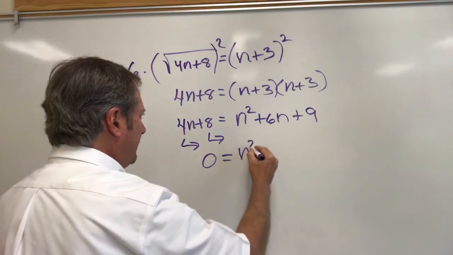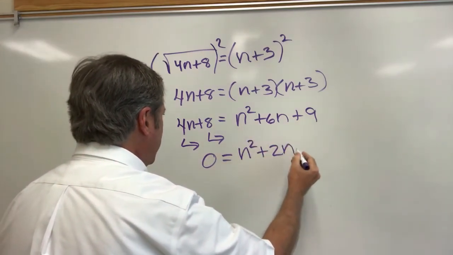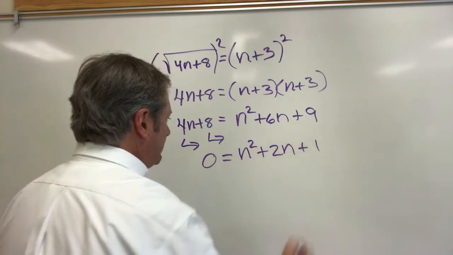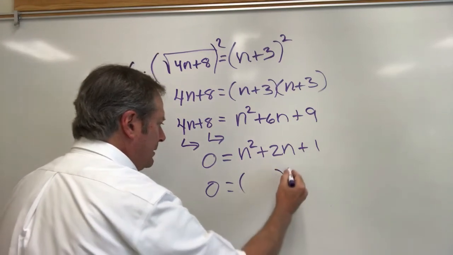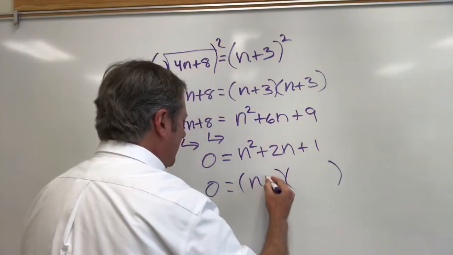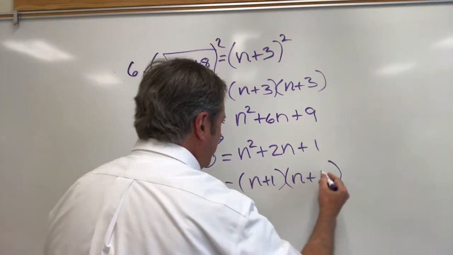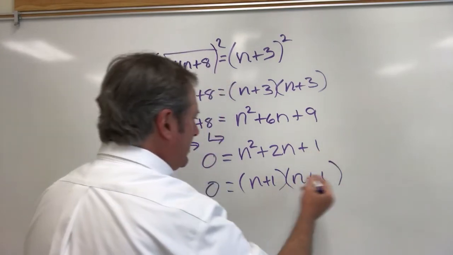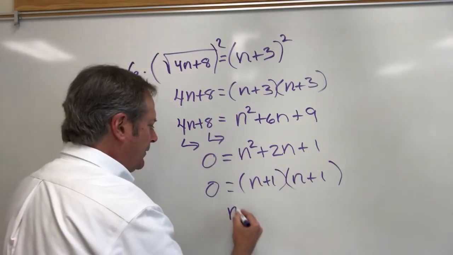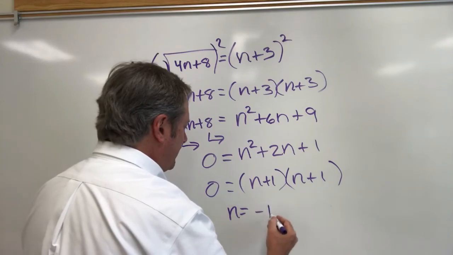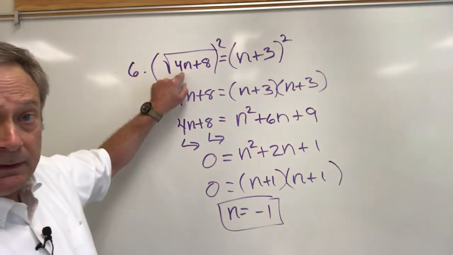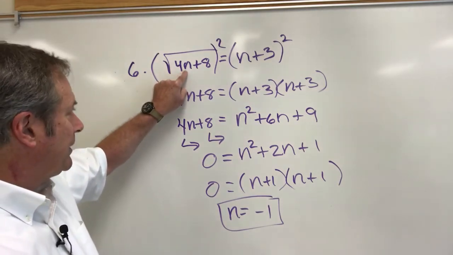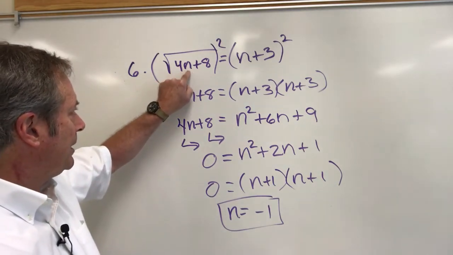So we get n squared plus 2n plus 1. And fortunately, again, this factors nicely. N plus 1 times n plus 1. 1 times 1 is 1. 1 plus 1 is 2. So using the zero product property, we get that n is equal to negative 1. But again, let's plug it in. 4 times negative 1 is negative 4.